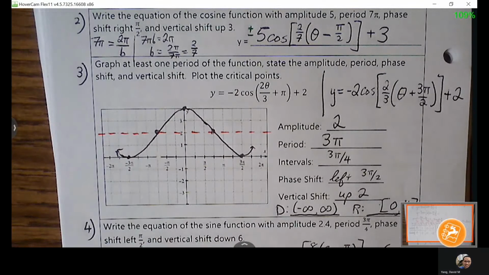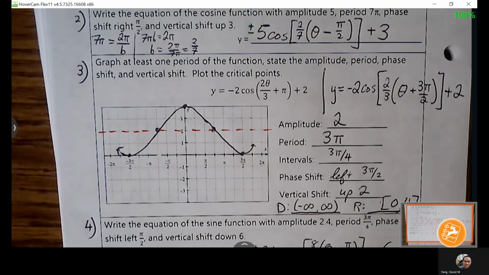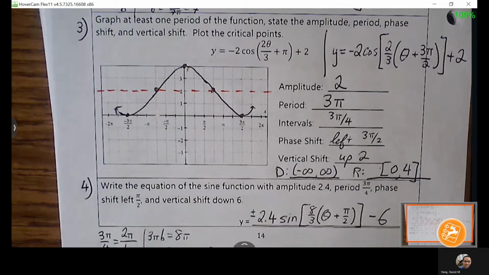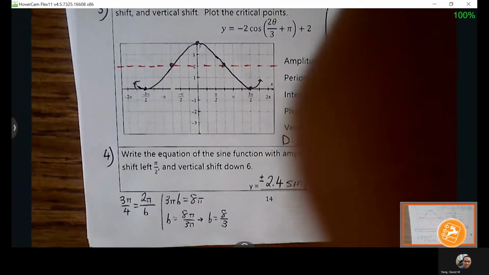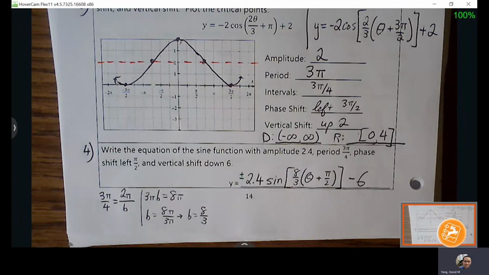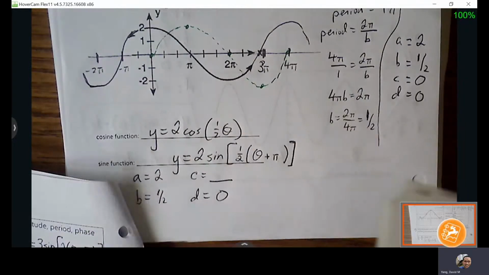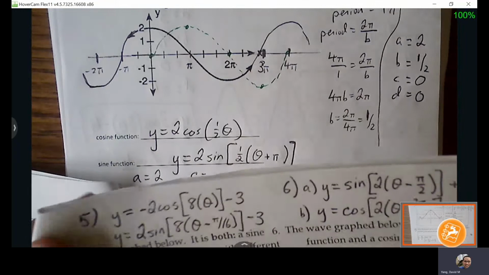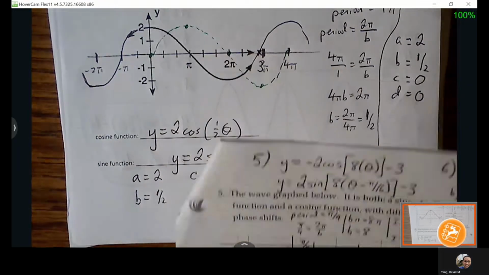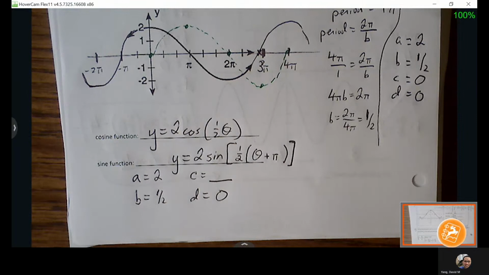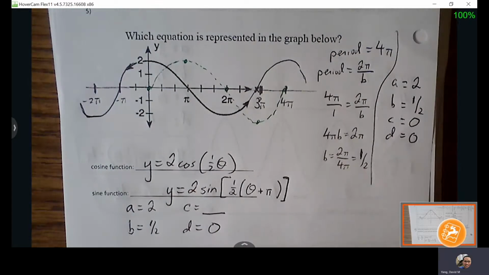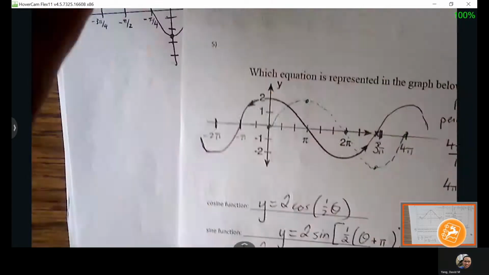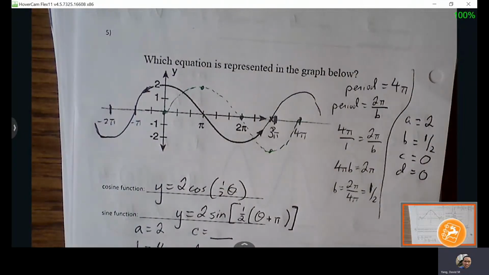Okay, is everybody done with number 2? Okay, here's number 3.